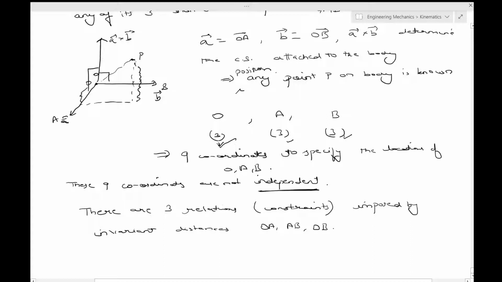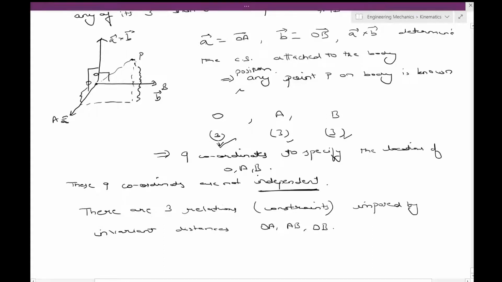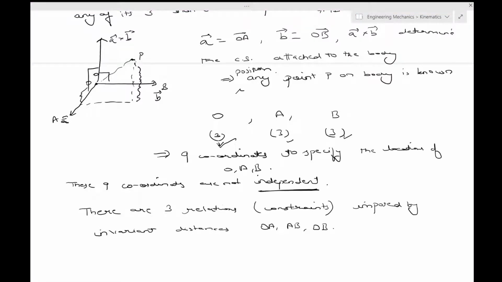So you have to now write these 3 constraint equations.